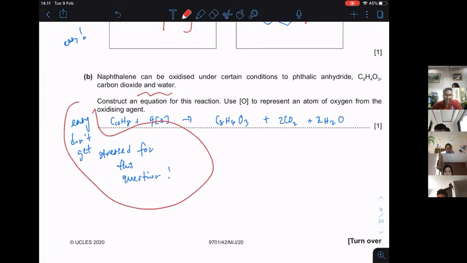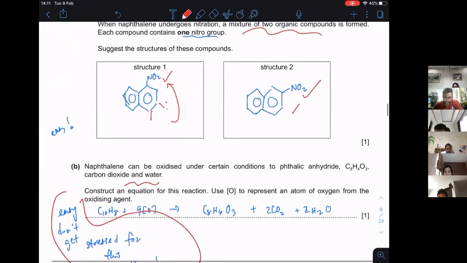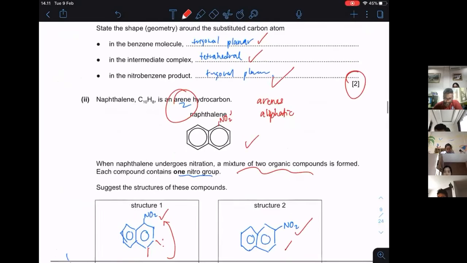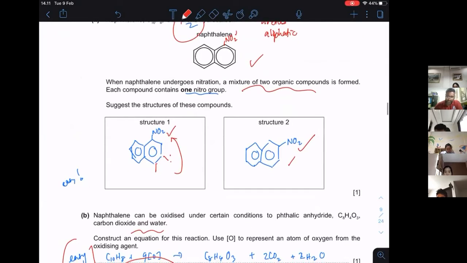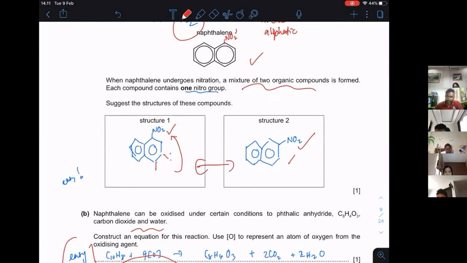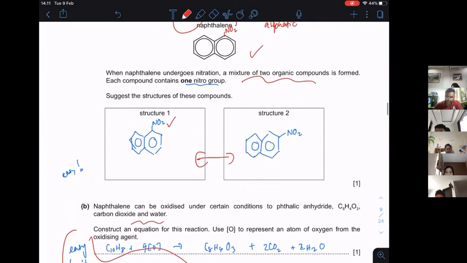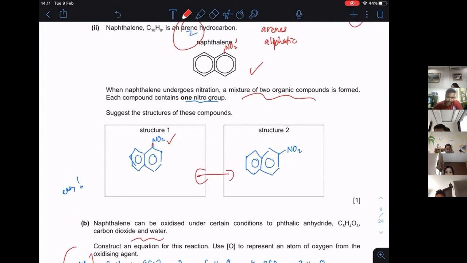Why is the structure in 2 different? Why is this structure different from this? Okay, you see here, if I have a naphthalene structure and I put the NO2 here, this is going to be a different carbon environment.